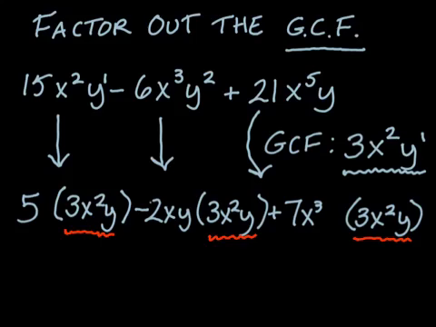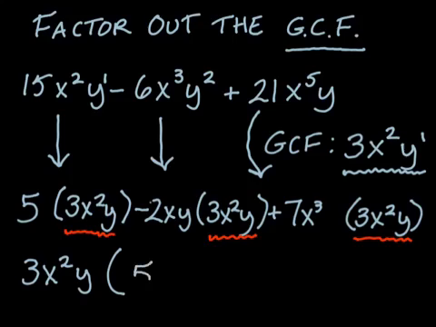If I take that part out of all of them, 3x squared y, all I'm going to have left are these parts in front. So I'm literally removing the 3x squared y from each term and just writing down what is left.